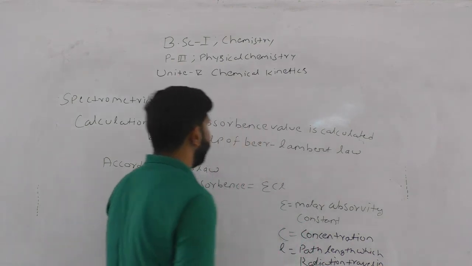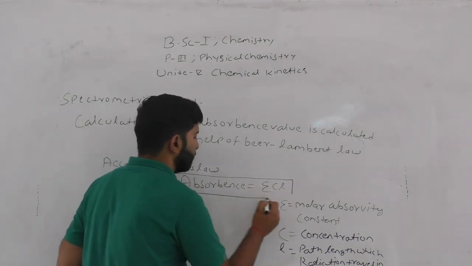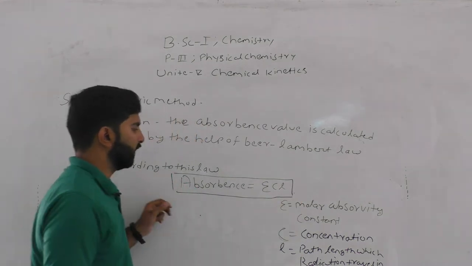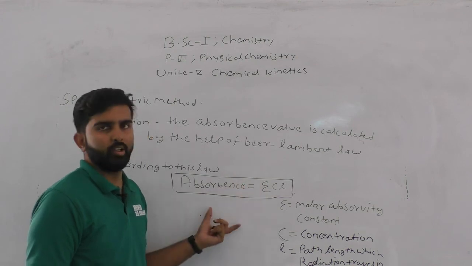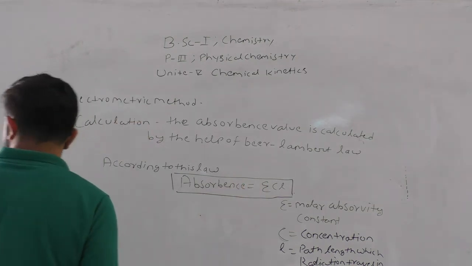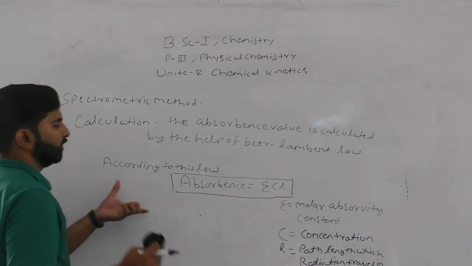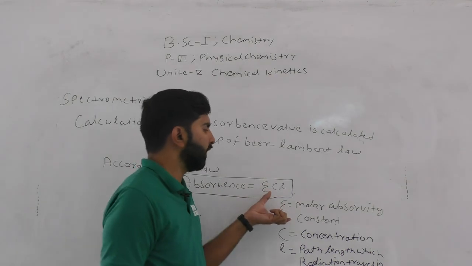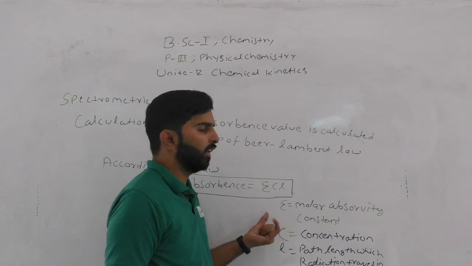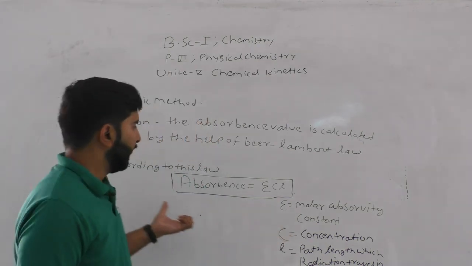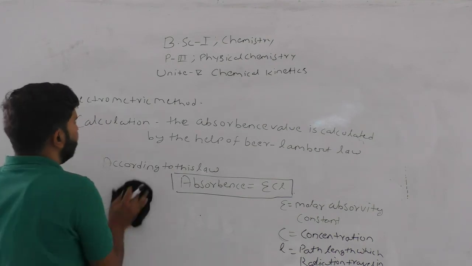So, by the help of this formula, absorbance equals epsilon Cl, we can measure the absorbance with concentration change of the molecules. Now we discuss about the result of this method. This is the calculation part. Absorbance, epsilon is the molar absorbivity constant, C is concentration, and L is the path length which radiation travels in the reaction. So this is the calculation part.